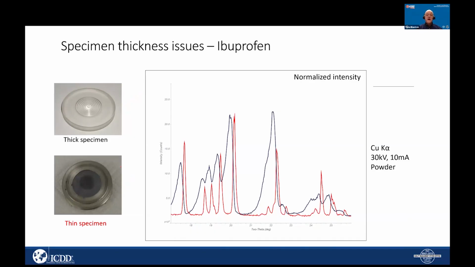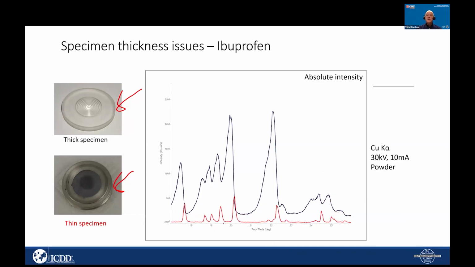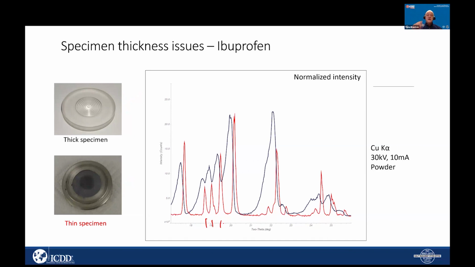And the components that you see are that the thin specimen sample has better peak resolution, okay? But in the original plot, we saw its lower intensity. The pattern from the thick sample, the black pattern here, we see that the resolution is reduced because you're looking at now a thick specimen, and all the peaks have shifted to lower angle compared to where we saw it in the thin specimen.